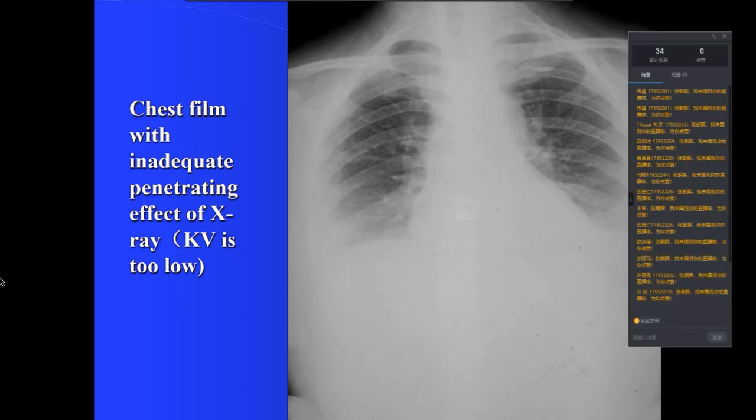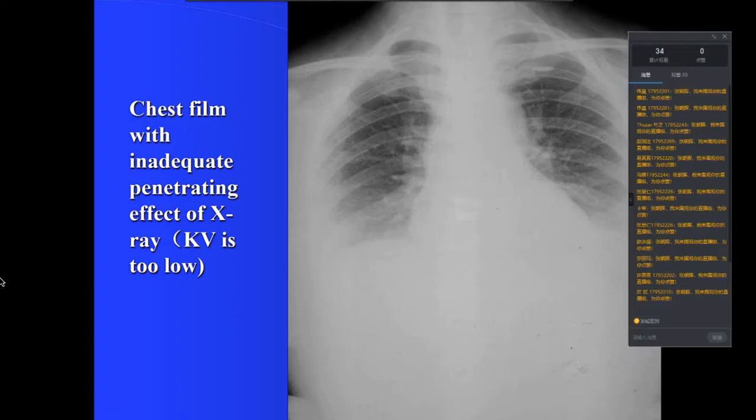And all these tissues will appear white on the film and lose their contrast, and some of them cannot be discerned. And on this chest film, with the added penetrating effect of X-ray, you see the lateral zone of bilateral lung field appears white, and the costal phrenic angles cannot be discerned.